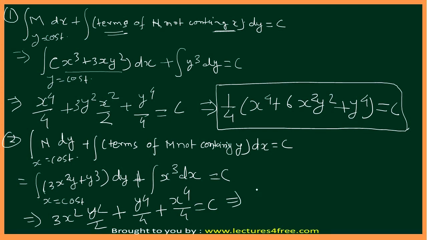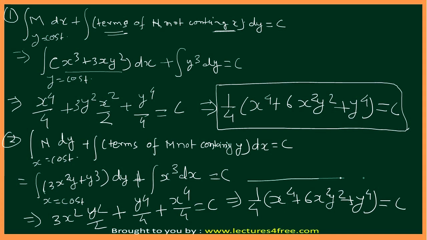If you take 1/4 common here, you will get the same x⁴ plus 6x²y² plus y⁴, and that is equal to c. So as we can see, we got the same answer.